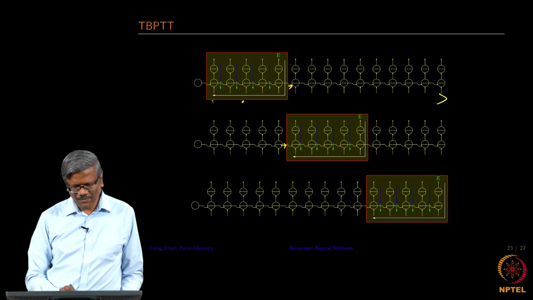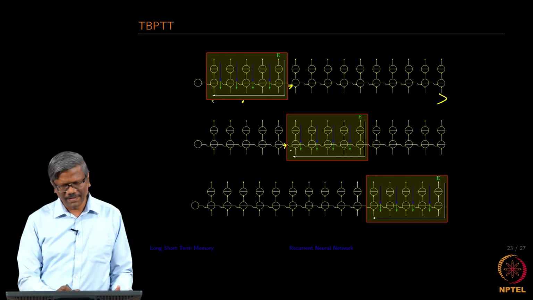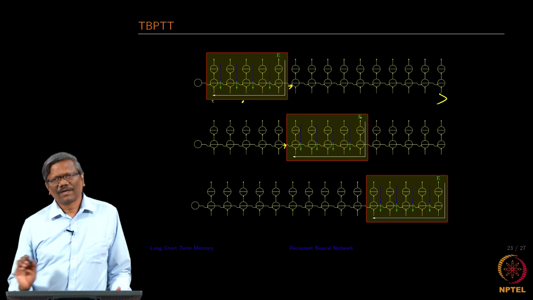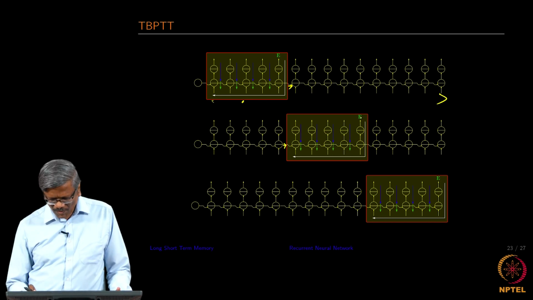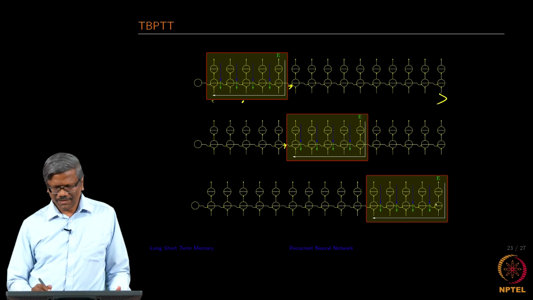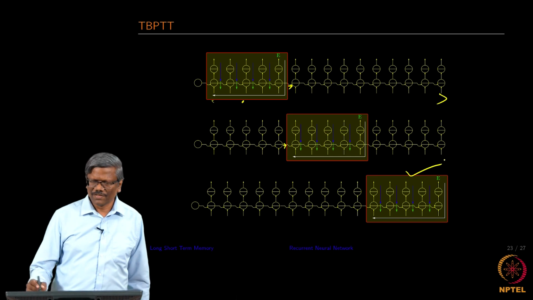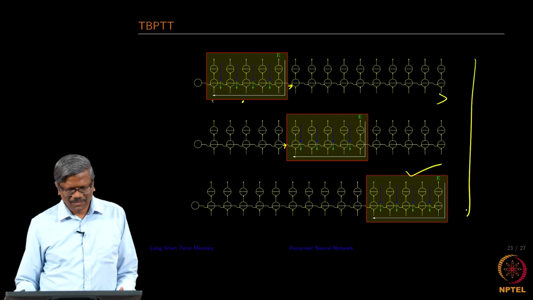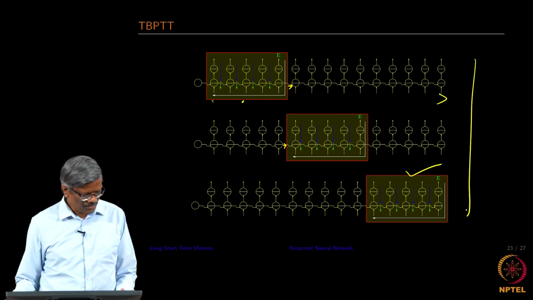So, the previous hidden state of the previous chunk is fed as the input to the next chunk here. Do the computation for that chunk and then move on to the next chunk. So, this is one way of doing the back propagation. This is called truncated back propagation through time.